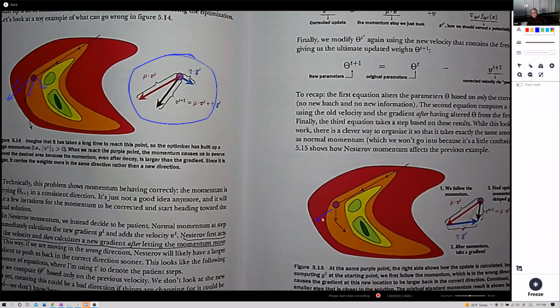But look here carefully. You are in a much steeper gradient situation. At this point, do you notice that the gradient is much steeper? It's a much steeper gradient. So the gradient will push you much more strongly inwards.